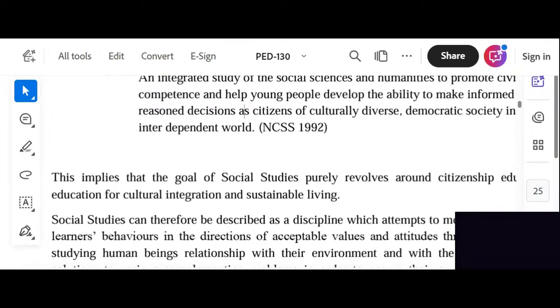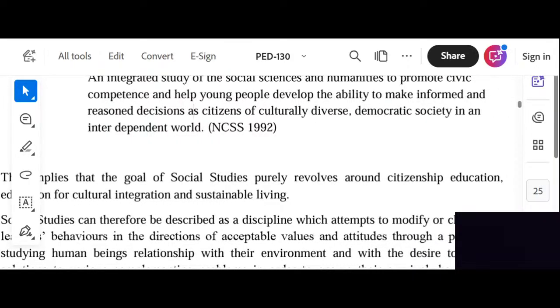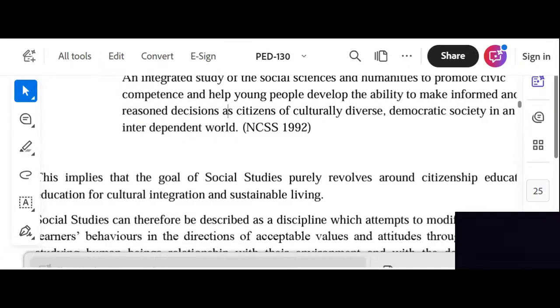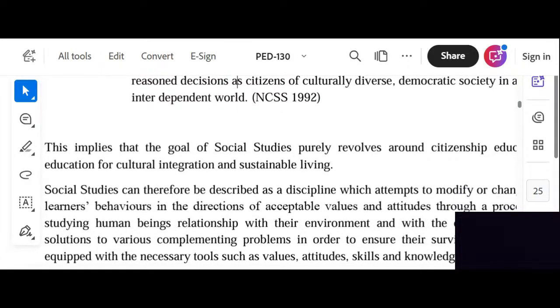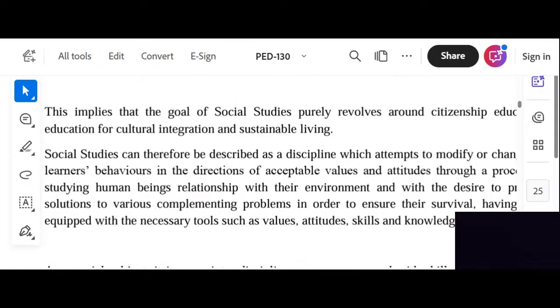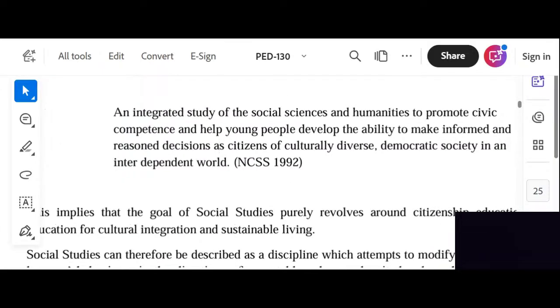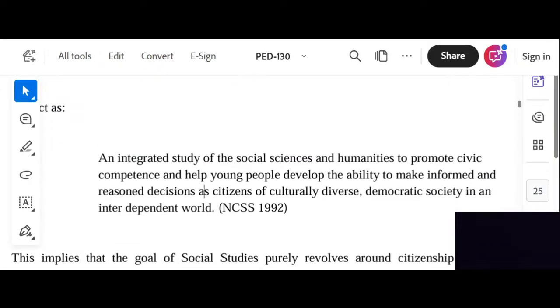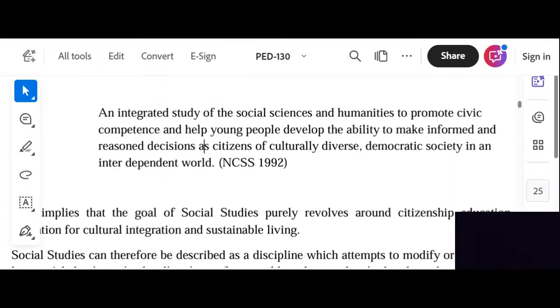Now, according to this definition, we can say that it implies that the goal of social studies purely revolves around citizenship education and education for cultural integration and sustainable living. So when you take a critical look at this definition, you find out that they are trying to talk about how to groom citizens to behave well, especially in a world that is interdependent.